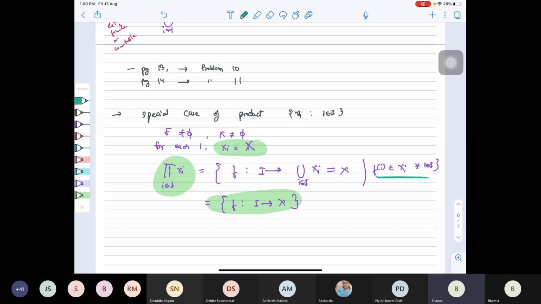Because in this case the restriction condition is actually satisfied, there is nothing to worry about. And we have a notation for such a case.